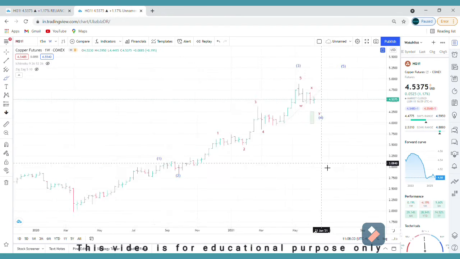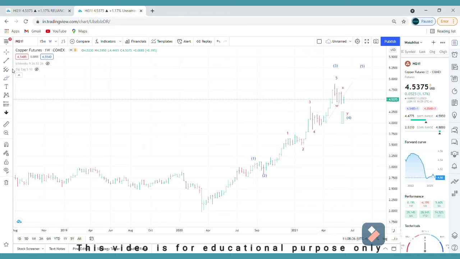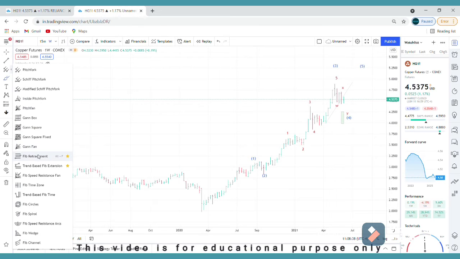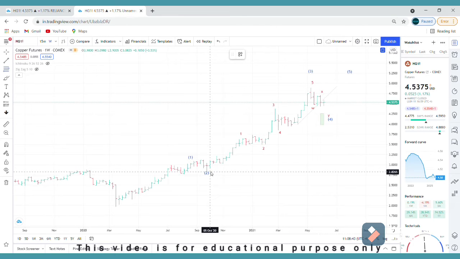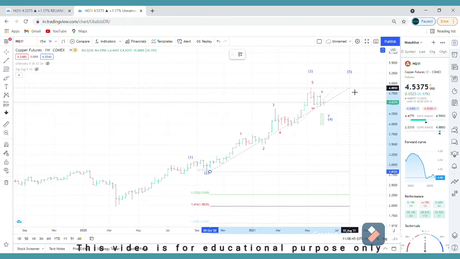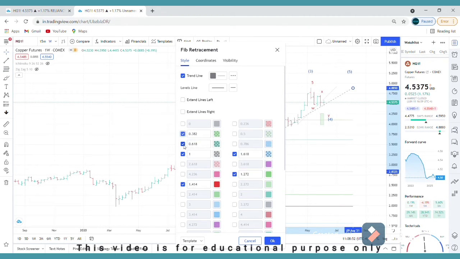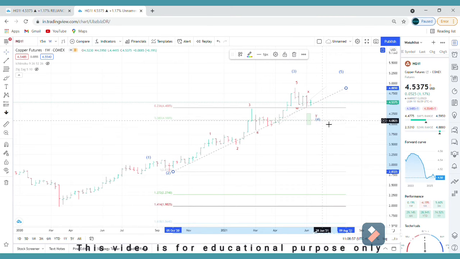If you take the Fibonacci retracement level, if you take it from this second move from where it has started, the third move from where it has started, this level comes out to be almost 38%, 38.2%, which is the typical Fibonacci retracement level where this fourth wave should end.